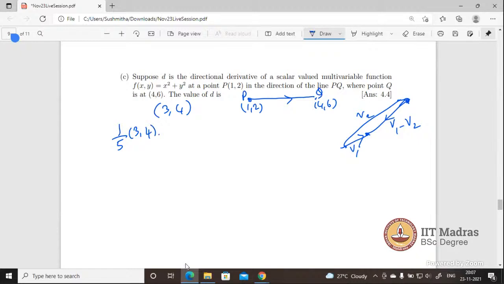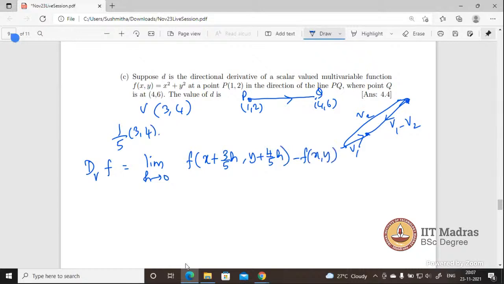Maybe we'll try to solve this problem. The directional derivative along V is the limit as h tends to 0 of f of x plus 3 by 5h comma y plus 4 by 5h minus f of x comma y at the point 1 comma 2, by h.